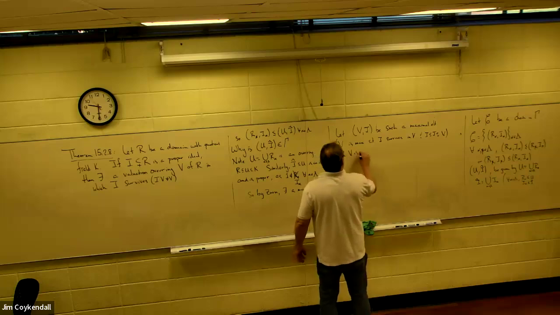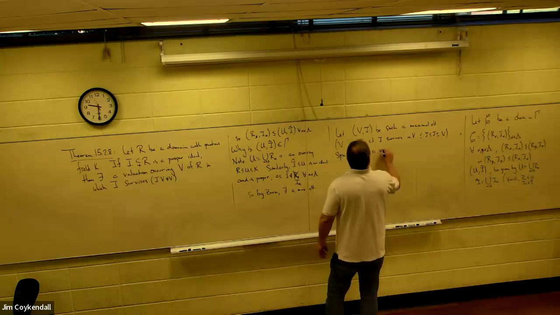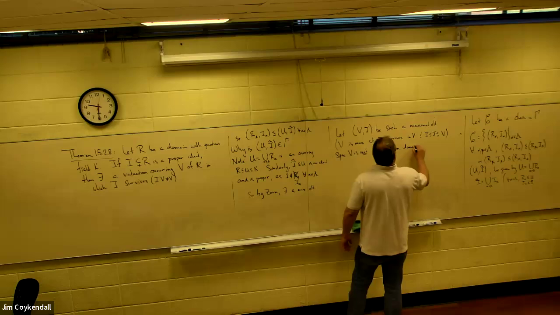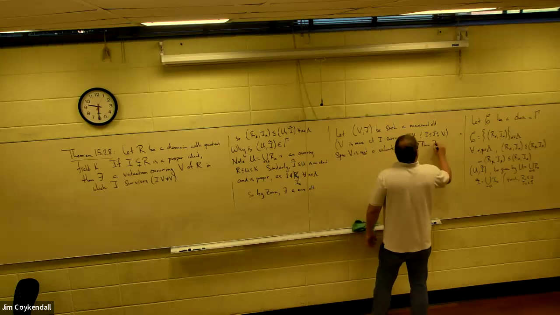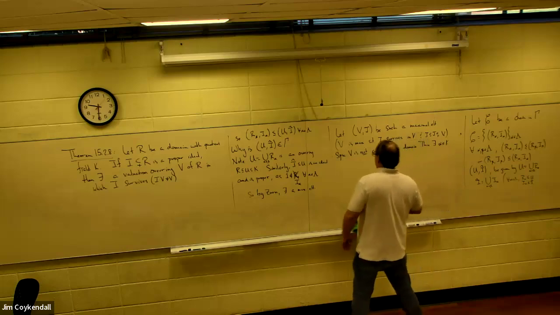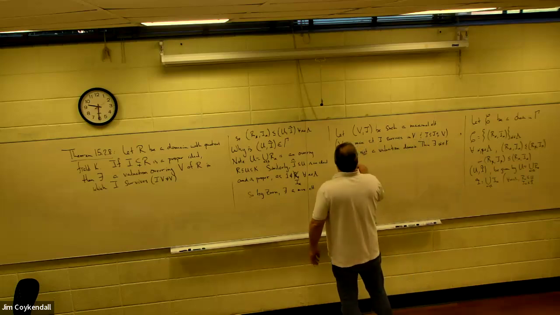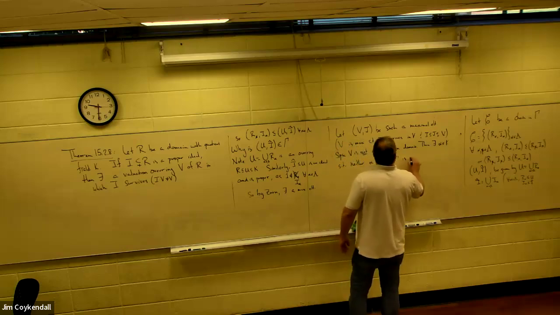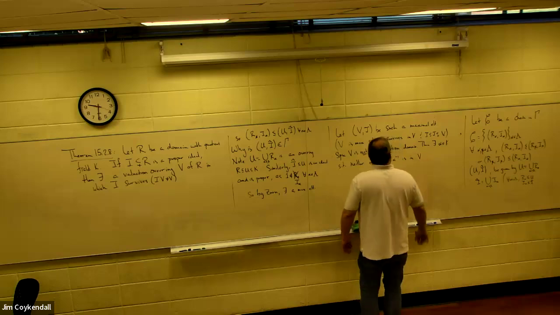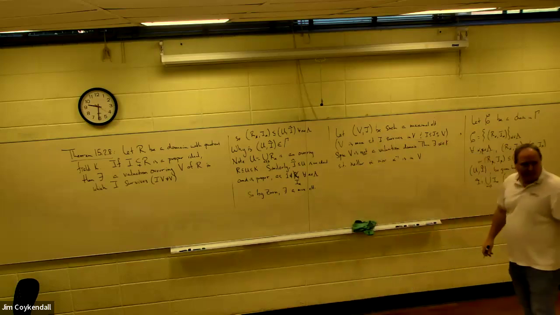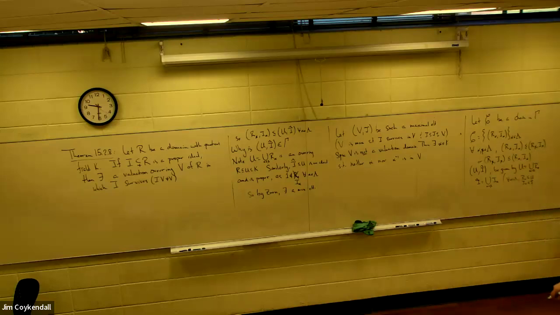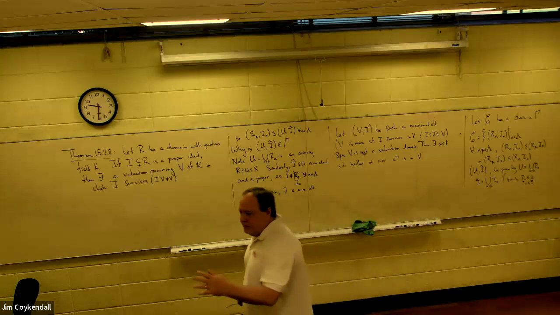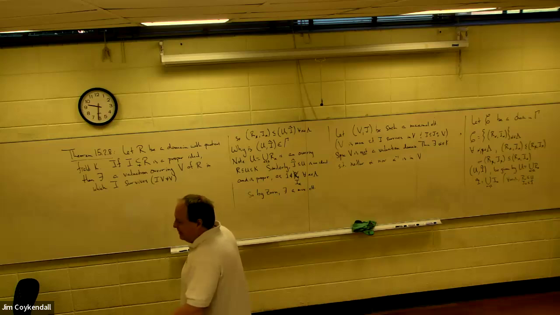Suppose V is not a valuation domain. Then there exists alpha in the quotient field such that neither alpha nor alpha inverse is in V. That's one of our equivalent characterizations of valuation domains. If you have a non-zero element of the quotient field, either it or its inverse has to be in the valuation domain.